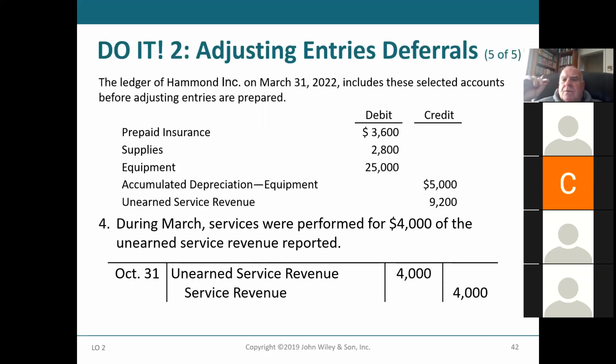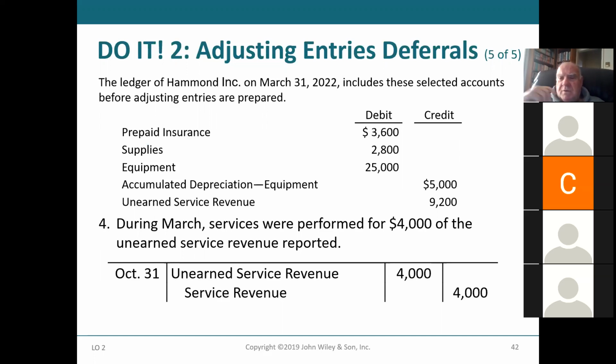Now, I'll stop here for just a moment. Adjusting journal entries are a little bit tricky. The key is to understand why we're doing them. We're searching for unrecorded expenses and maybe an unrecorded revenue or two. We're looking for unrecorded expenses that can only be done at month end.